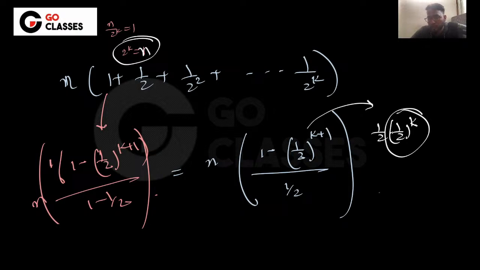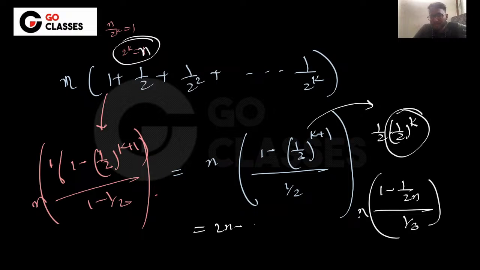So it is 1 upon 2n. So 1 minus 1 upon 2n upon 1 by 2 into n. You multiply by 2n, and finally it is 2n minus 1. 2n minus 1 will be the answer if you find the exact summation.